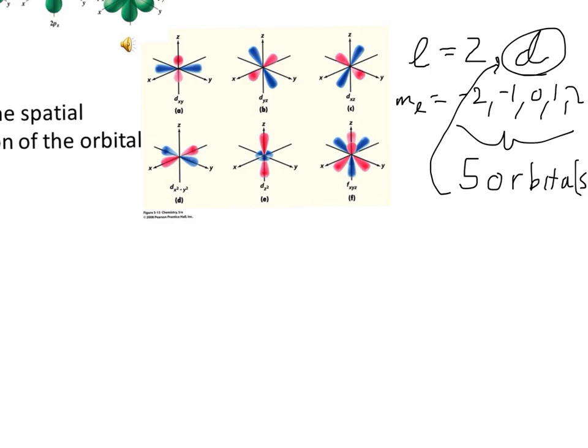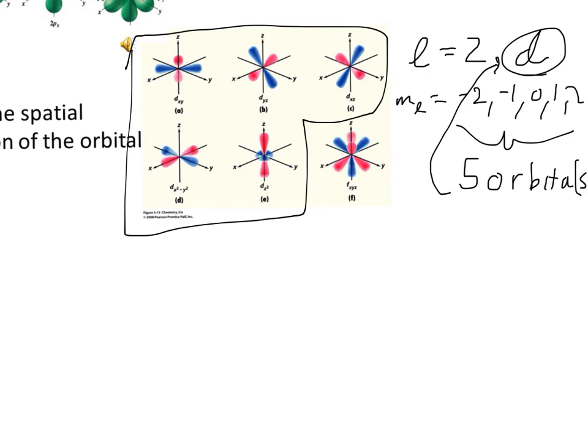You can put them so that they lie in the plane of X and Z. Or you can put them so that they lie in what's known as x squared minus y squared, which is kind of along those axes right there. And then you have the Homer Simpson special, right? The donut with the ice cream cone through it. So you have 5 d orbitals, each one of those orbitals having a different magnetic quantum number.